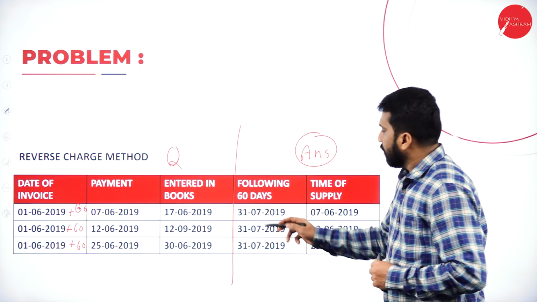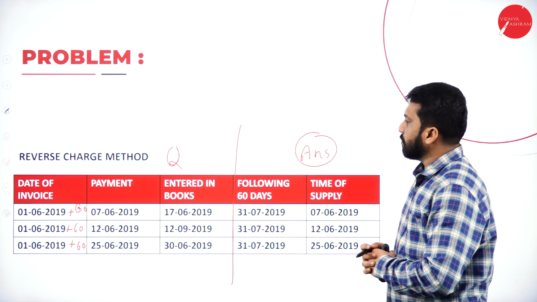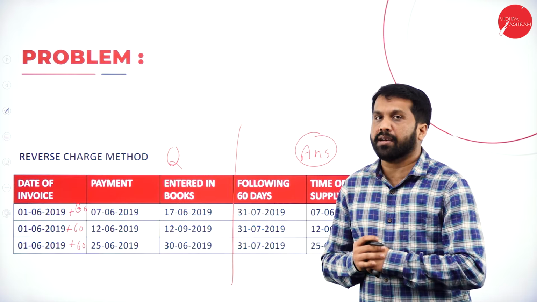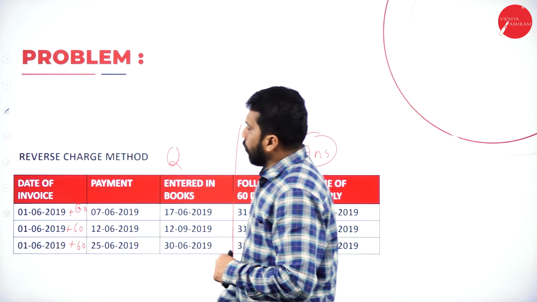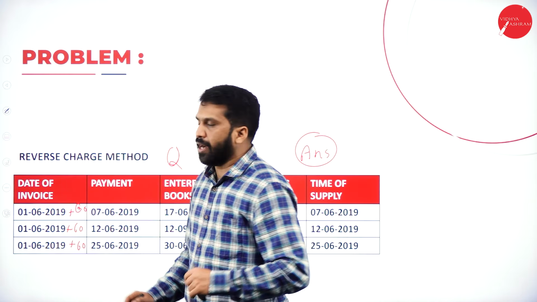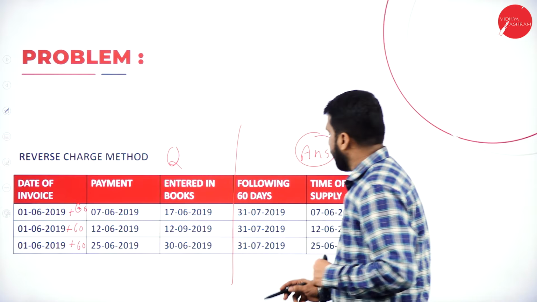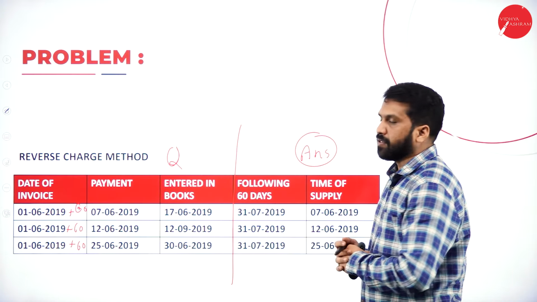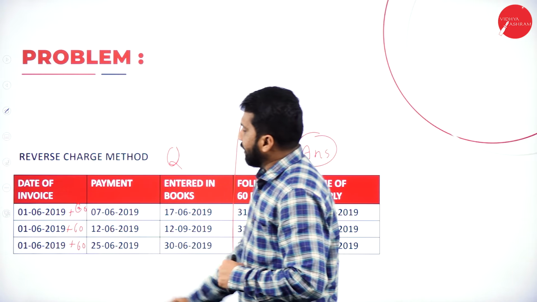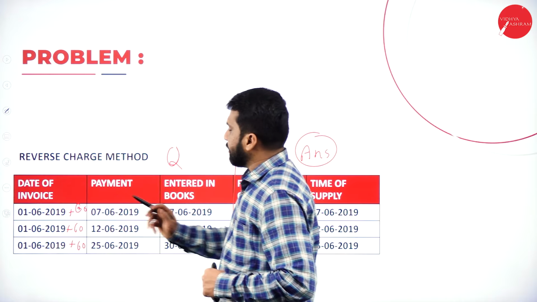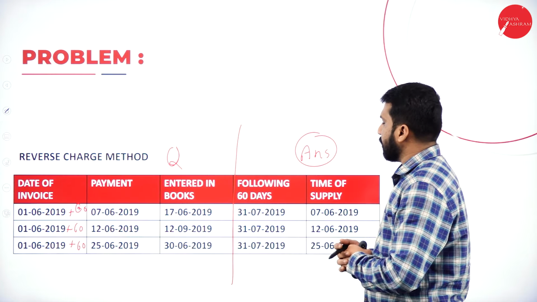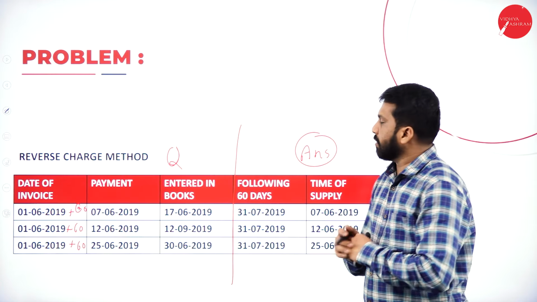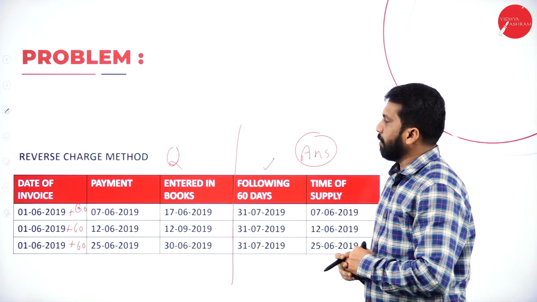It will become 31/7/2019. Hope you are clear. 1/6/2019, you have to add 60 days, it will become 31/7/2019. This is the first thing you have to do.